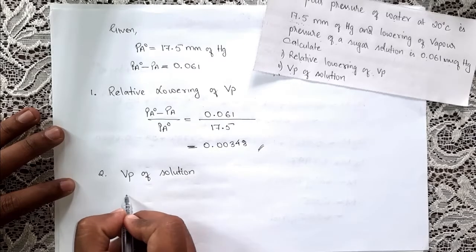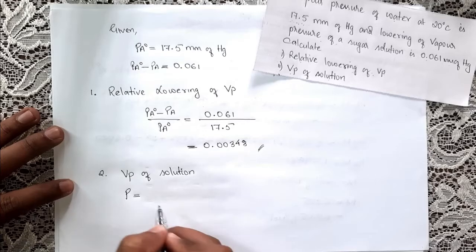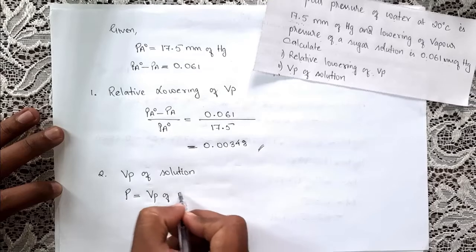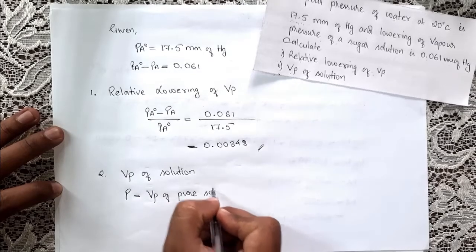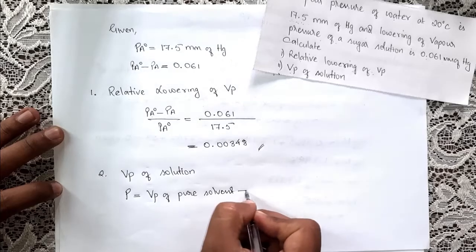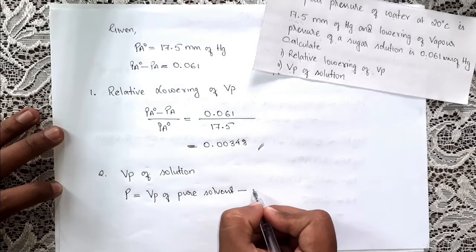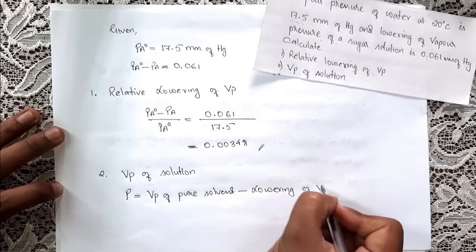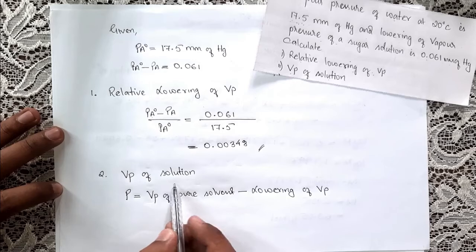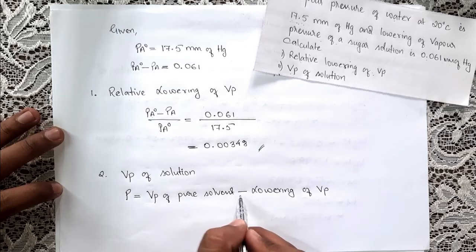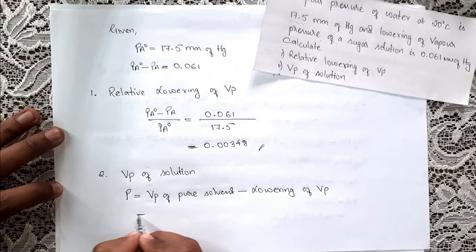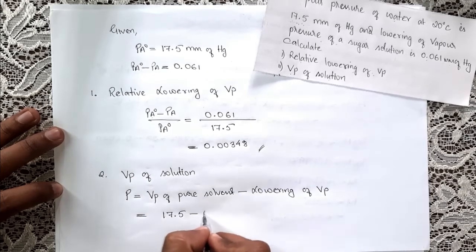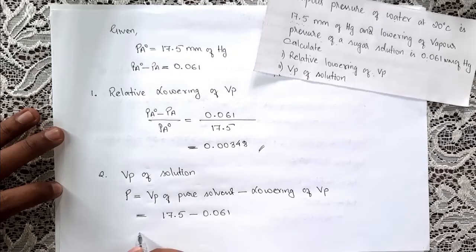So vapor pressure of a solution is given by, I'll just write P as vapor pressure of a solution. So P is equal to vapor pressure of pure solvent minus lowering of vapor pressure. So vapor pressure of a pure solvent is 17.5 minus 0.061.